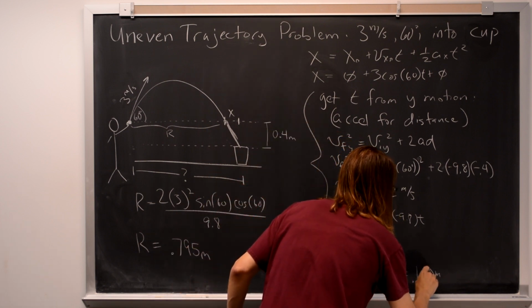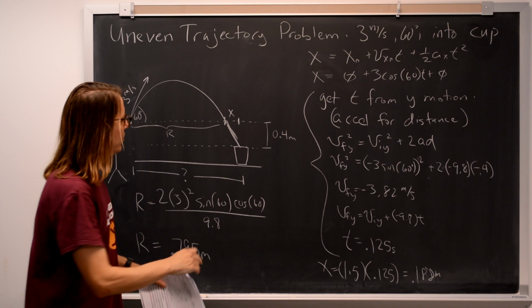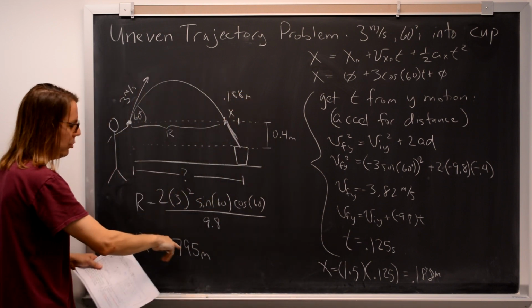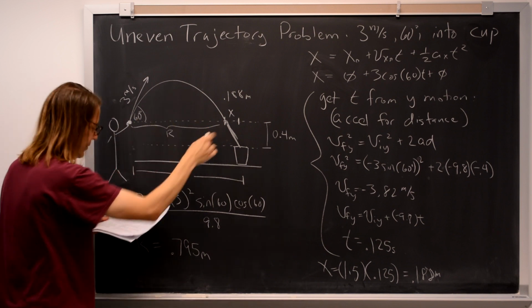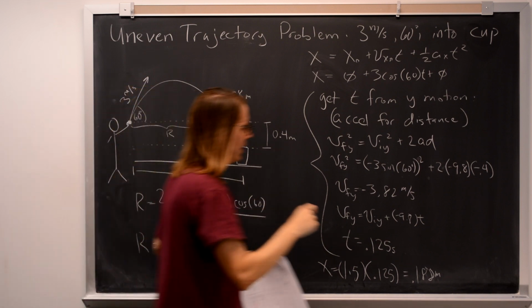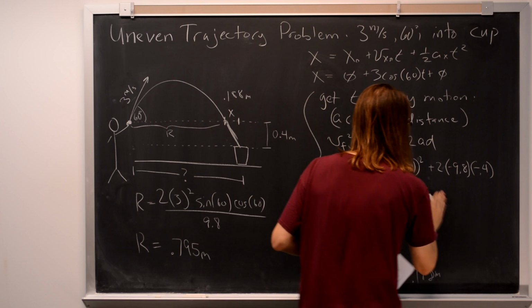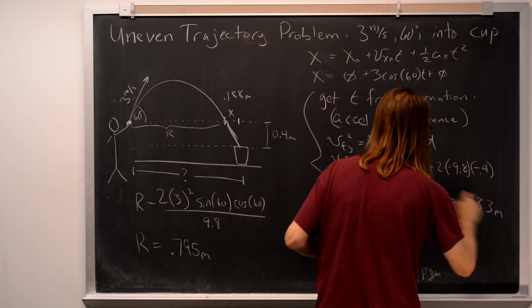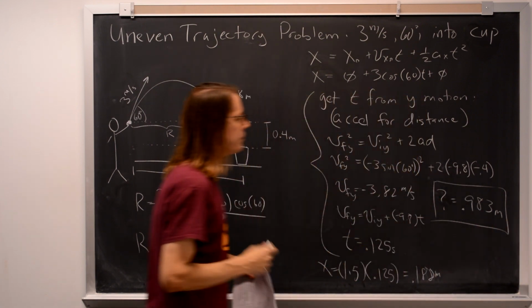Then we say, okay, 0.188 meters plus 0.795 meters. This total distance is the answer you want, 0.983 meters. So the question mark, 0.983 meters. And that was the answer.